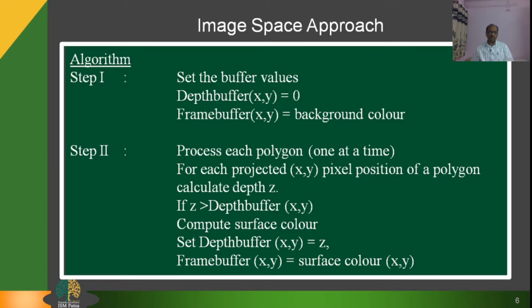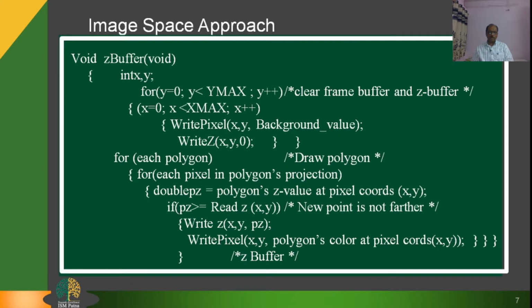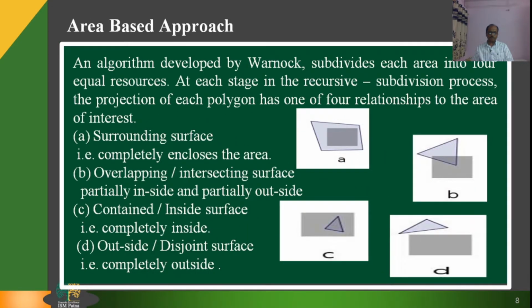That computes the color coordinates of the surface, and then its depth is identified, which is clearly written in the algorithm. Based on the algorithm, a function is developed, and with the use of this function we ascertain the depth values.